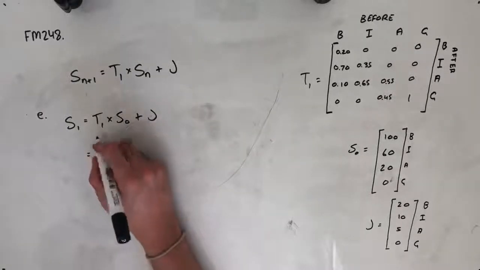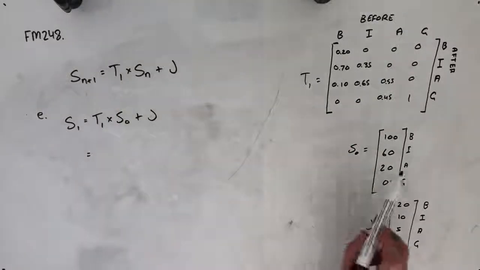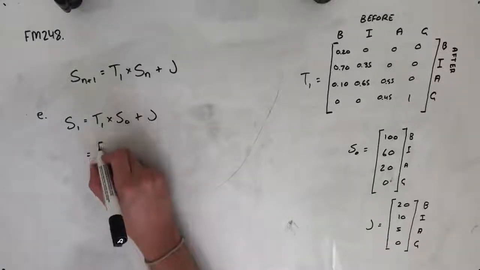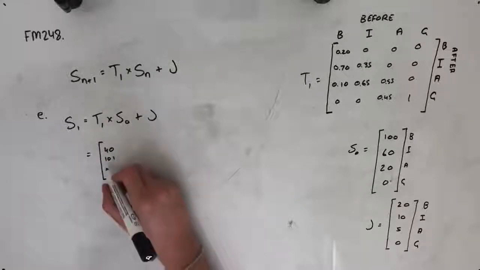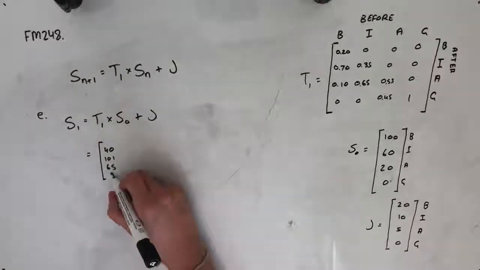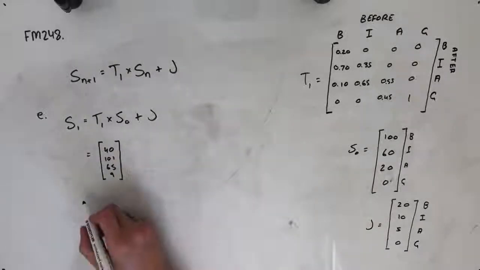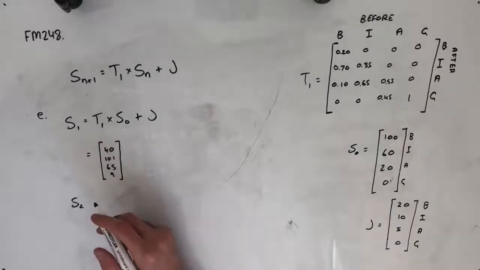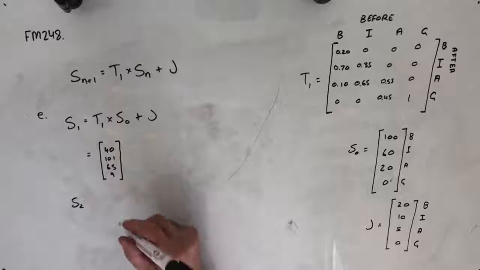So plugging that all into a calculator, our transition matrix times our initial state matrix plus J will give us an answer of 40, 101, 65, and 9. From here, we now need to calculate S2 because we have to start with the number of advanced level students expected to be in the school after 2 assessments.